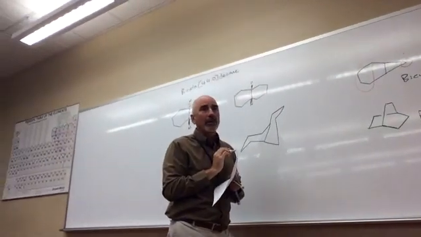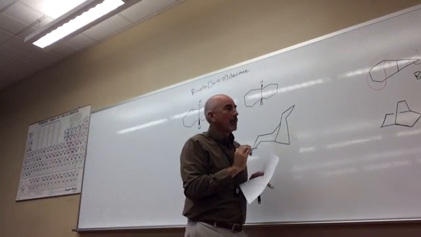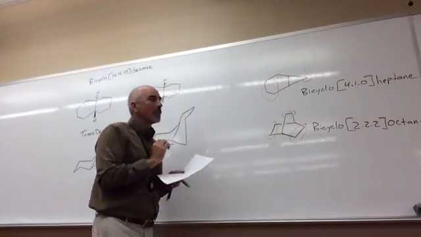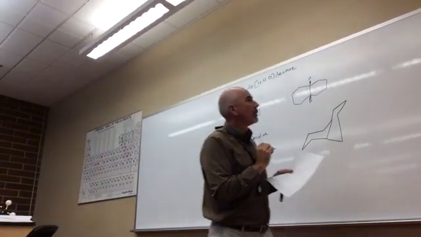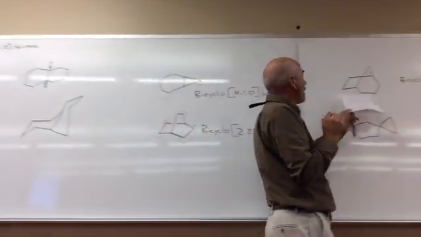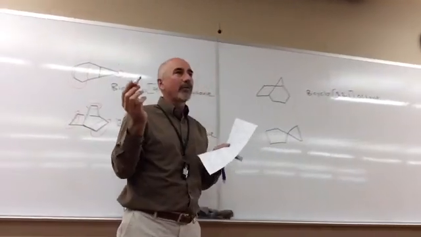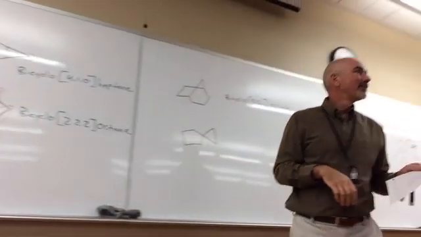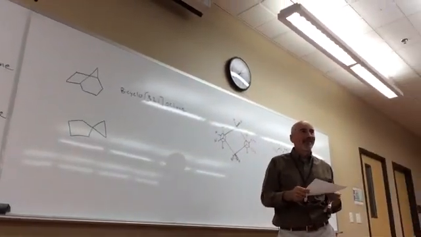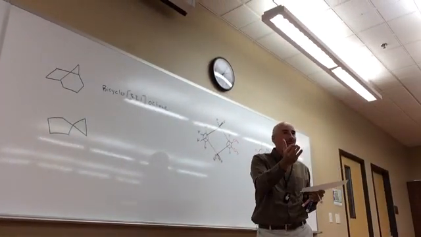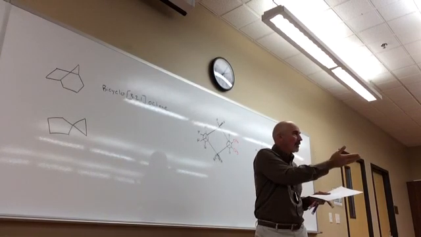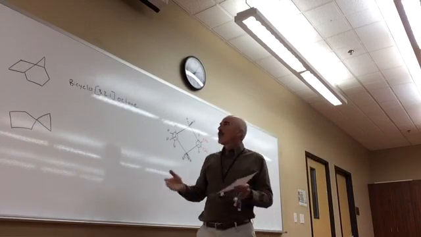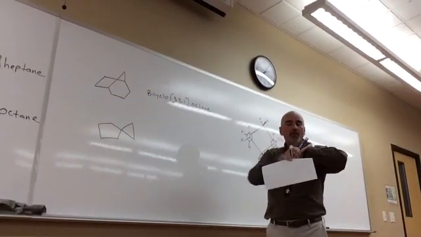So it's 4,1,0. Here I have 2,2,2. Here I have 3,2,1, and you put the big number first, except for the next one. I don't know why. Okay, we got that now? Your question? Well, yeah, the bridge, you number the smaller one first.